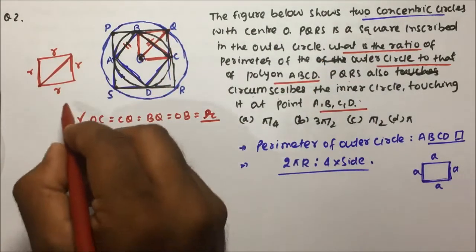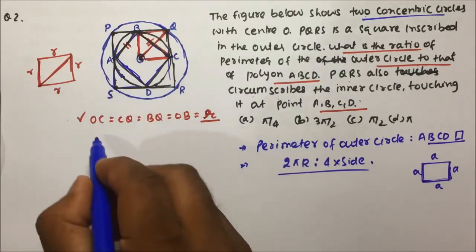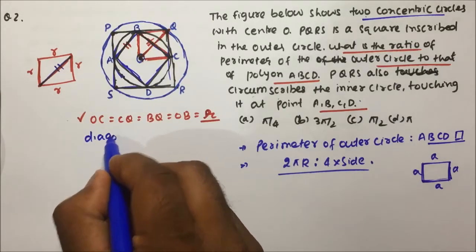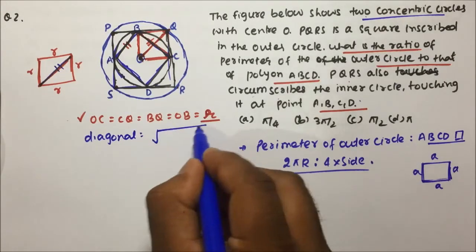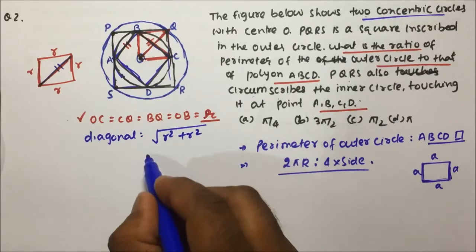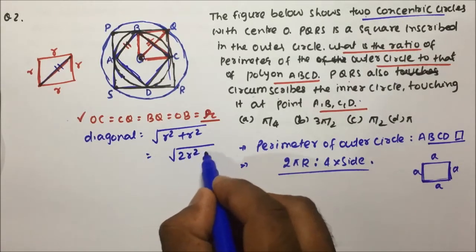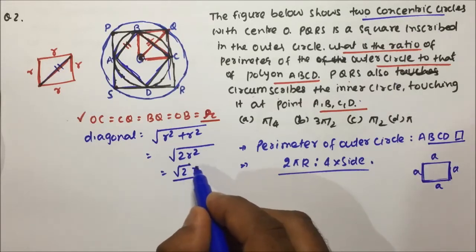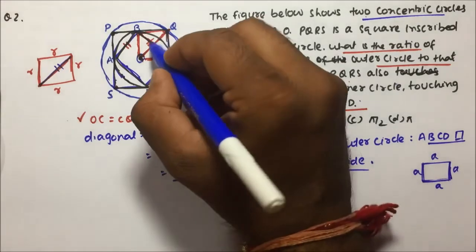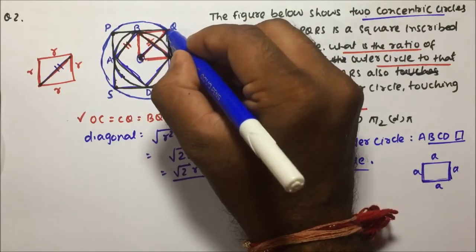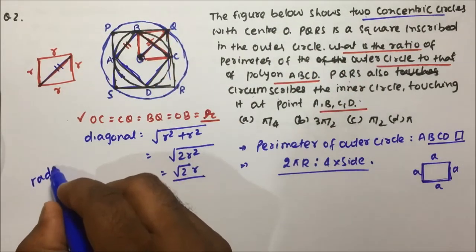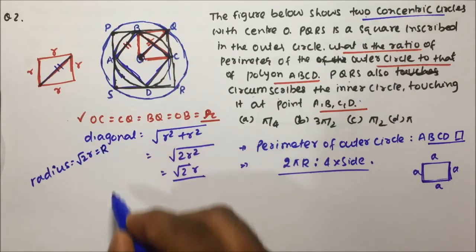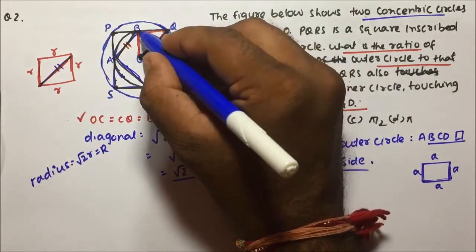If you use the Pythagoras theorem, then this diagonal will be equal to the square root of r square plus r square, which is 2r square, so the square root of 2 r is the diagonal. And this diagonal will be the radius also. So the radius is root 2 r, where this we supposed is r, and this diagonal will be the side also.